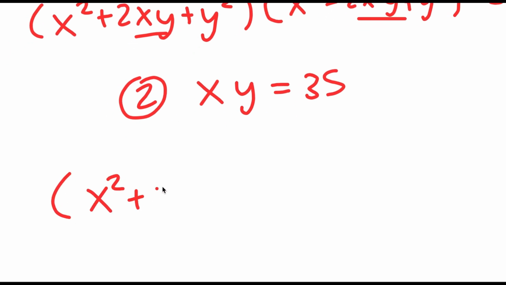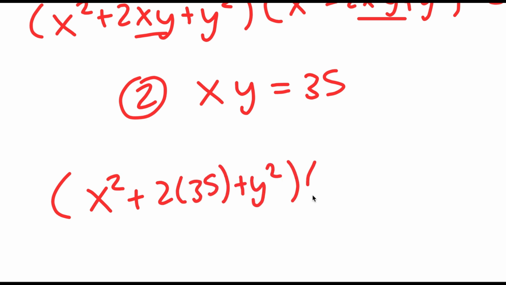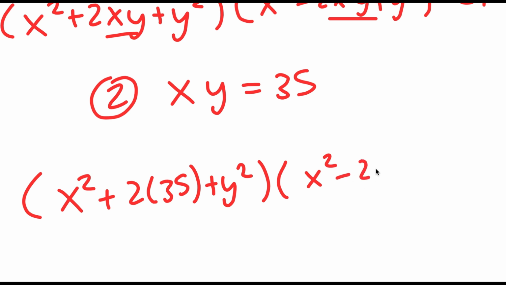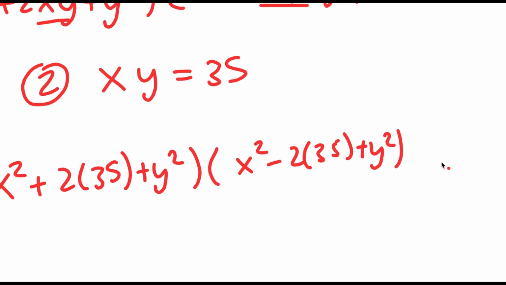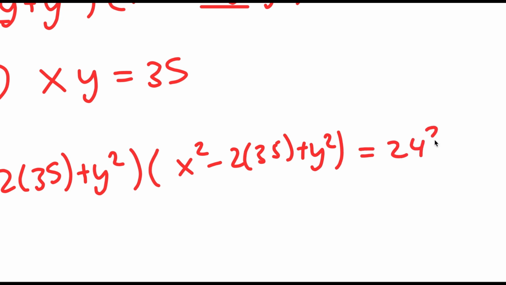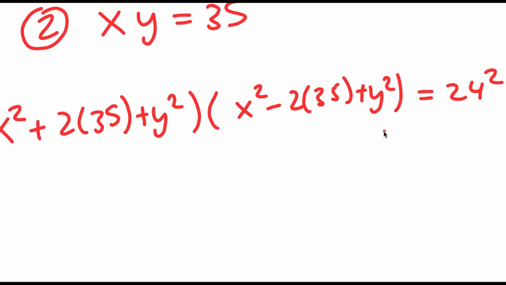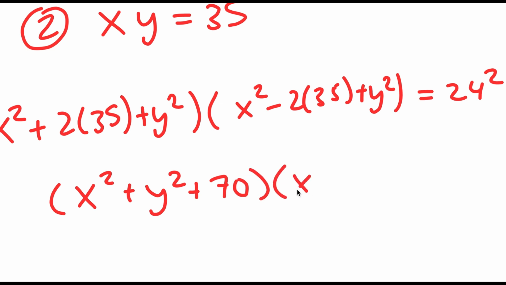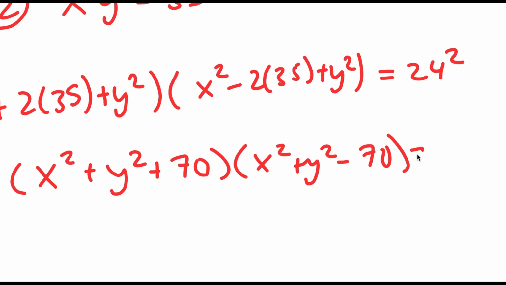So now I have x squared plus 2 times 35 plus y squared times x squared minus 2 times 35 plus y squared is equal to 24 squared. Now, I get x squared plus y squared plus 70 times x squared plus y squared minus 70 is equal to 24 squared.